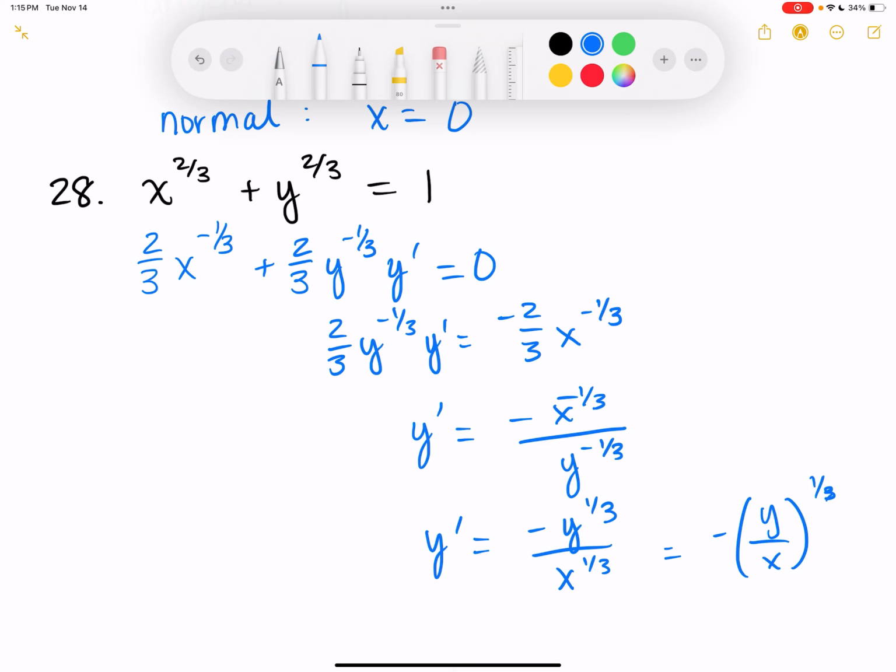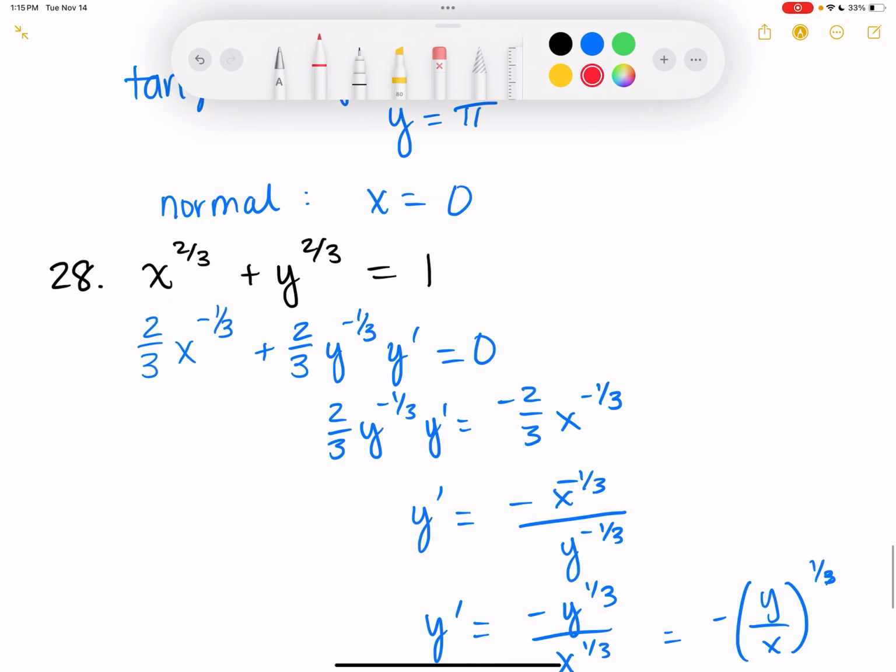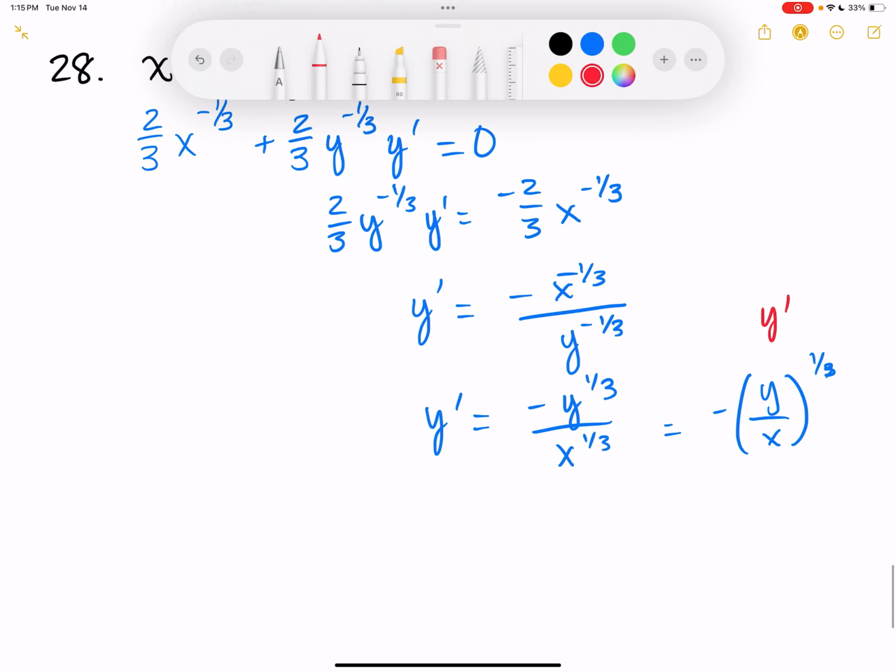Now, we get to take the second derivative. Reduce the quotient. Now, this is what I'm going to tell you. Don't lose this number. This is y prime right here.